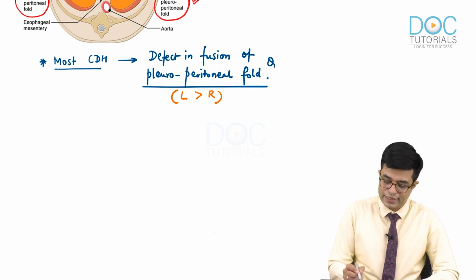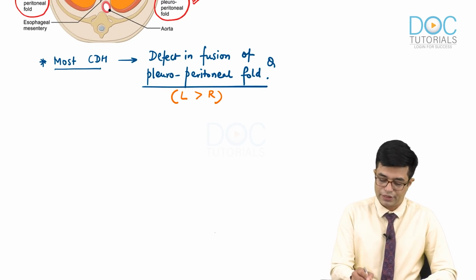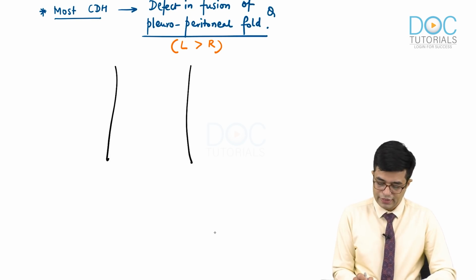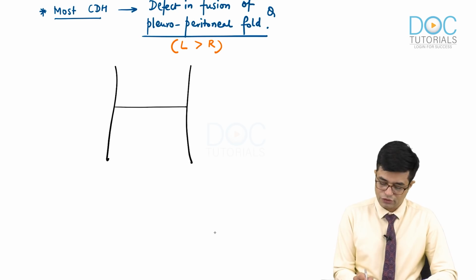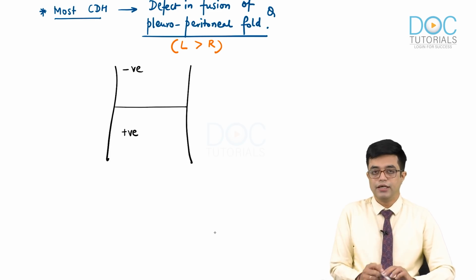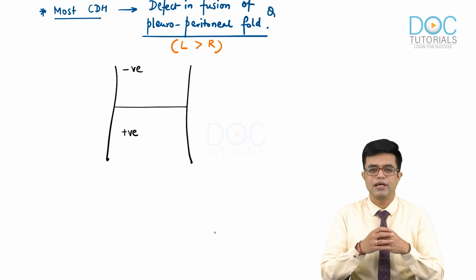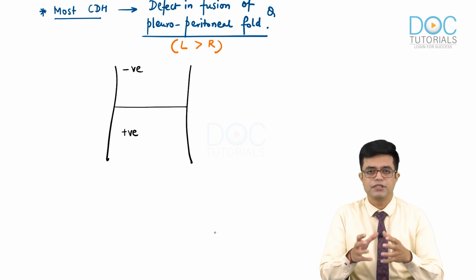Now, you need to understand the pathophysiology, what exactly is happening here. Let us try to look at the trunk here. This is the diaphragm, this is your thoracic cavity which has a negative pressure, and this is your abdominal cavity which has a positive pressure. Remember that most diaphragmatic hernia patients have a defect in the diaphragm somewhere around 10 weeks of gestation.